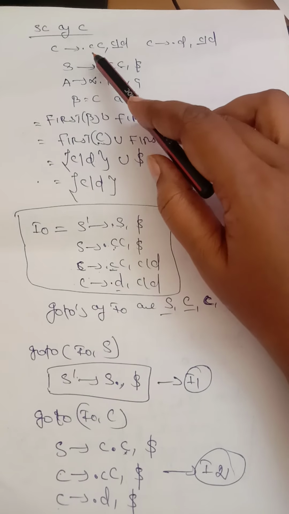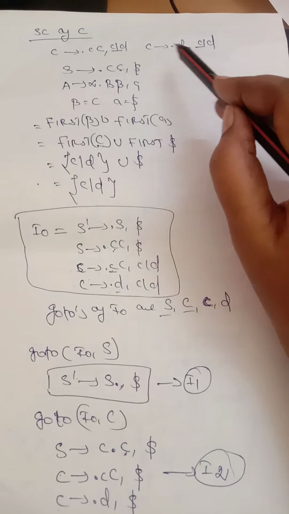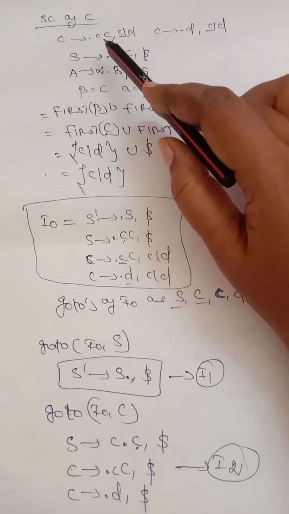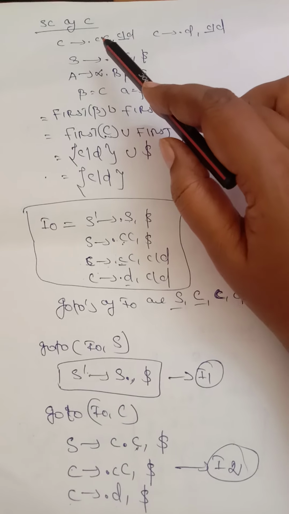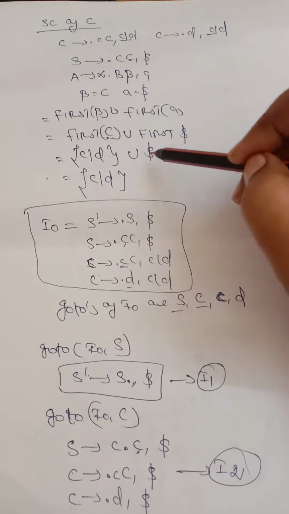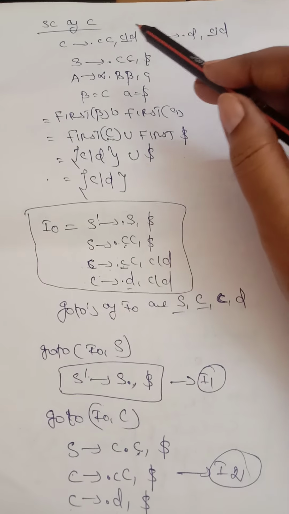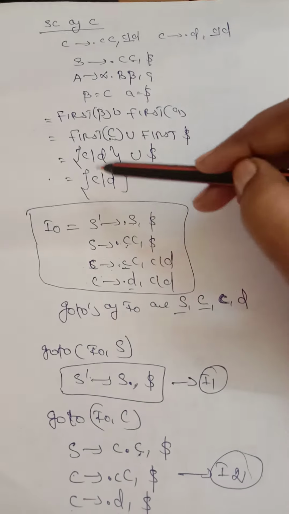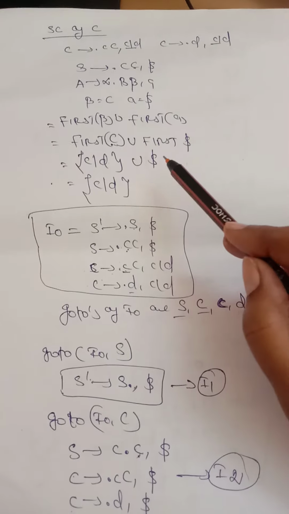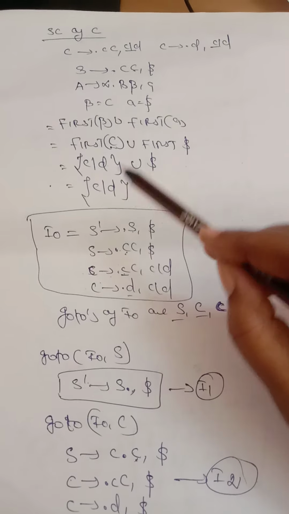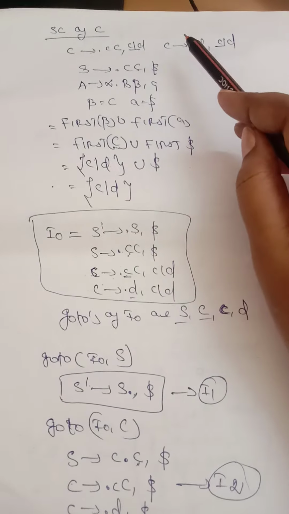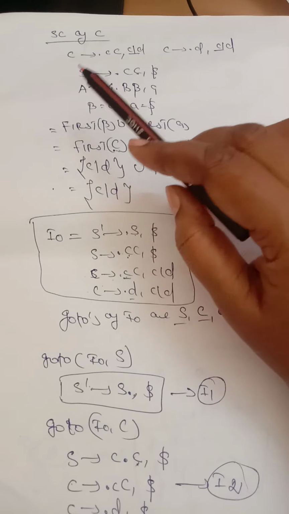First of C equal to c or d. The first value of the production is the terminals, that is c or d, union first of a, which is dollar. So c or d union dollar, we have to ignore the dollar. So the second component of C is what? c or d. Okay. So like that we calculated the second component.